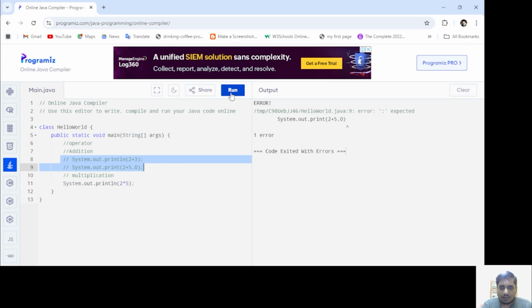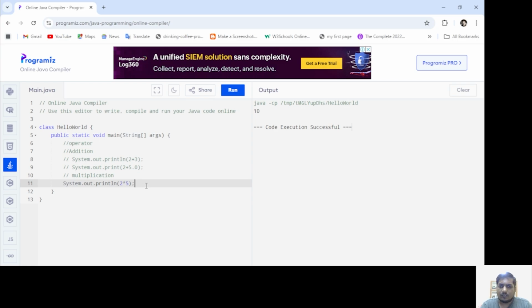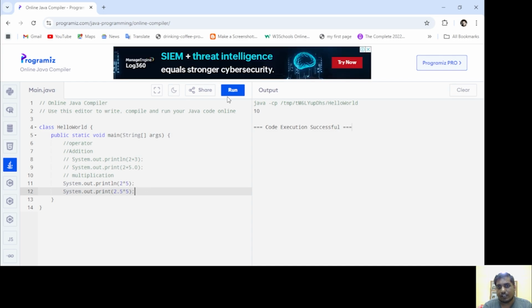If I run this, without decimals the integer will come, but if we use a decimal, Java takes the decimal first. Java always gives preference to the decimal. So if 2.5 into 5 is given, the result is 12.5. So the decimal will be counted.